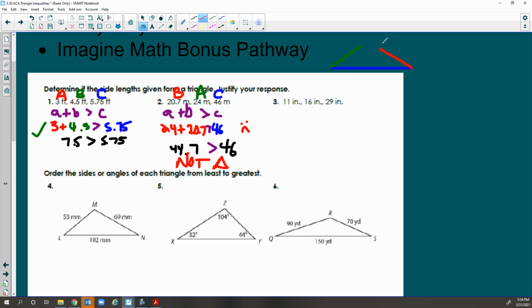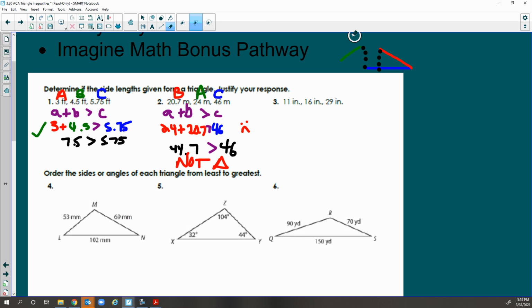This one will not make it. It's too short. It won't come together. I like to think of this almost like windshield wipers in a car. If I put these windshield wipers down, I'm going to have a little gap here, right? That's not going to make a triangle. It's going to make something ridiculous. Okay?